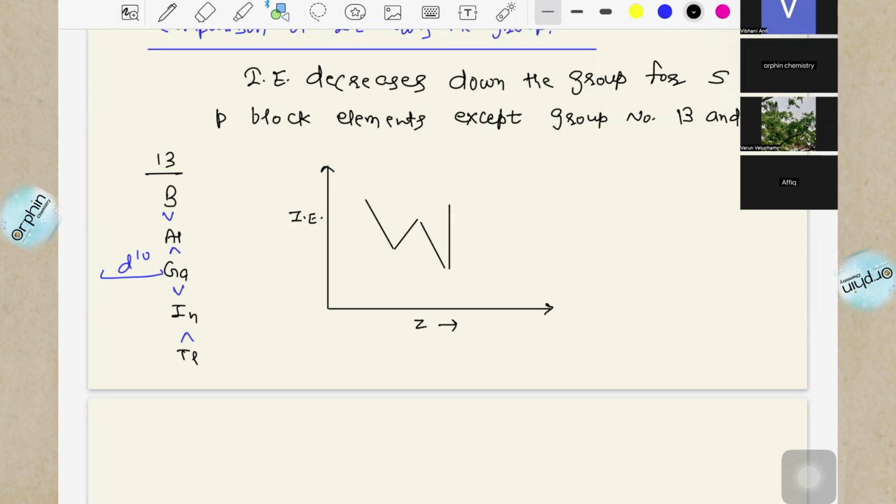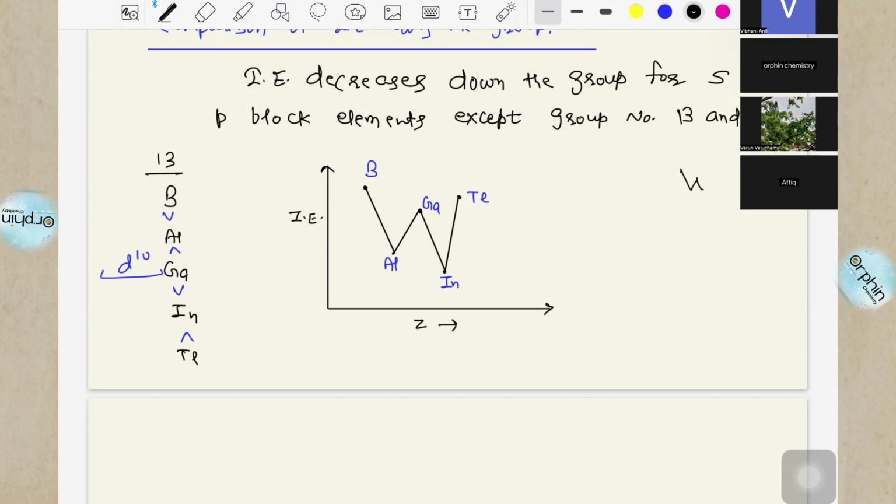Have you seen it before? Okay. This is boron, aluminium, gallium, indium, thallium. This W should not be very symmetrical.